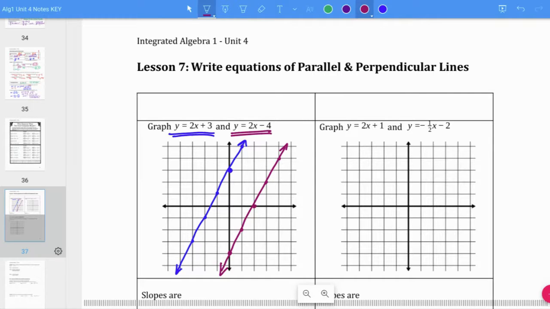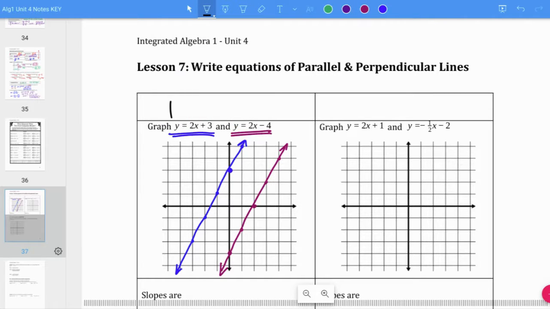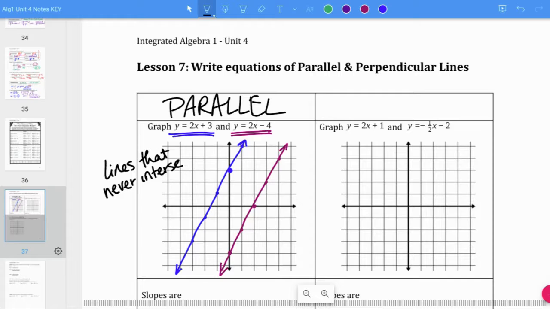And this represents two parallel lines. Parallel lines being lines that never intersect. Shown there.